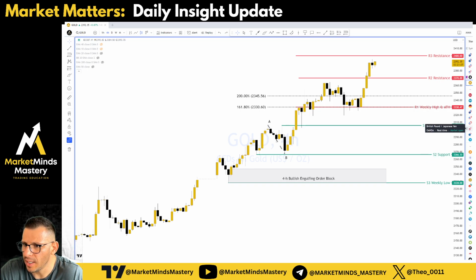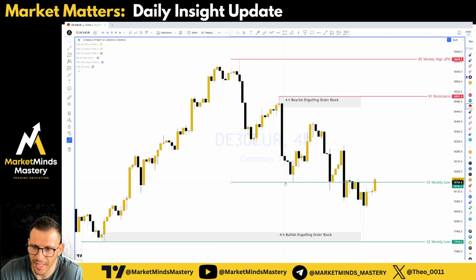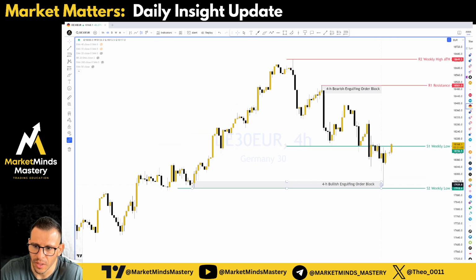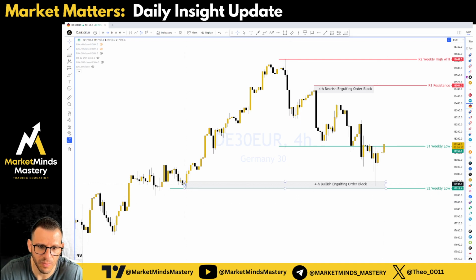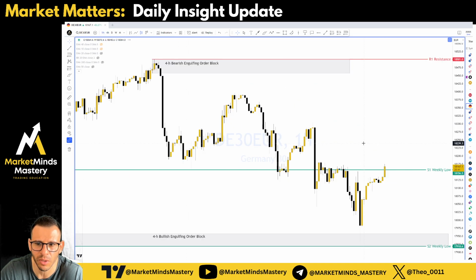Next one, let's check the DAX. So yesterday it was a very interesting trade for the DAX at this level here. After the price broke the downside, declined further, and entered this bullish engulfing order block.